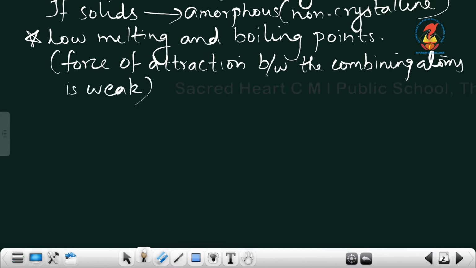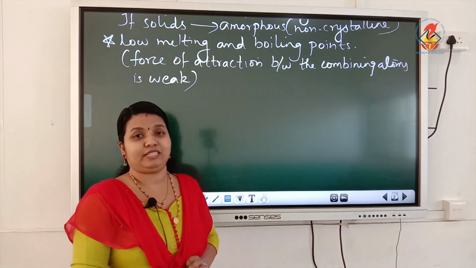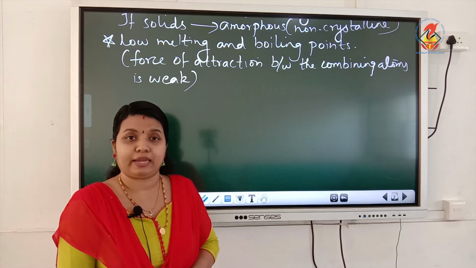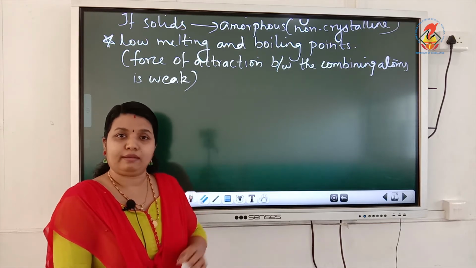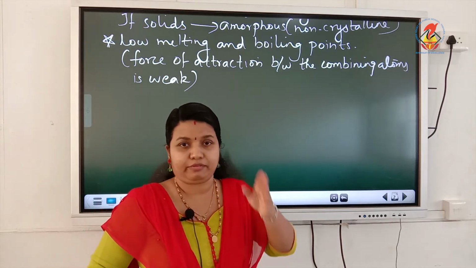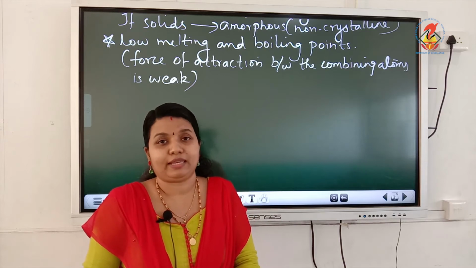This is last year's board question. Covalent compounds have low melting and boiling points. Give reason. Reason is that the force of attraction between the combining atoms is weak. That's why a lesser amount of energy is required to break the bond of attraction between these atoms. So they have low melting and boiling points.